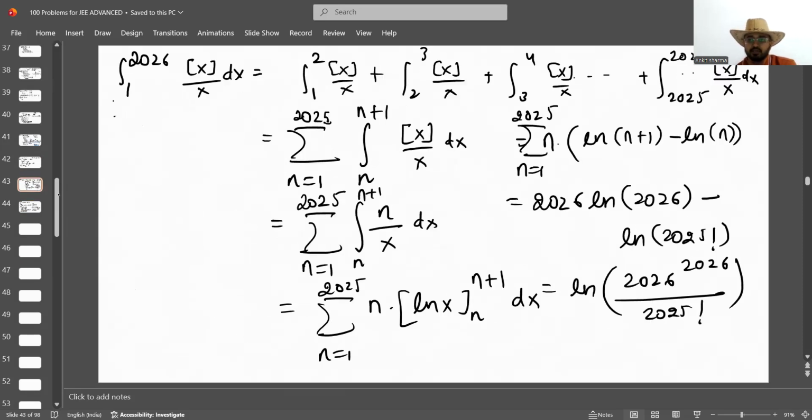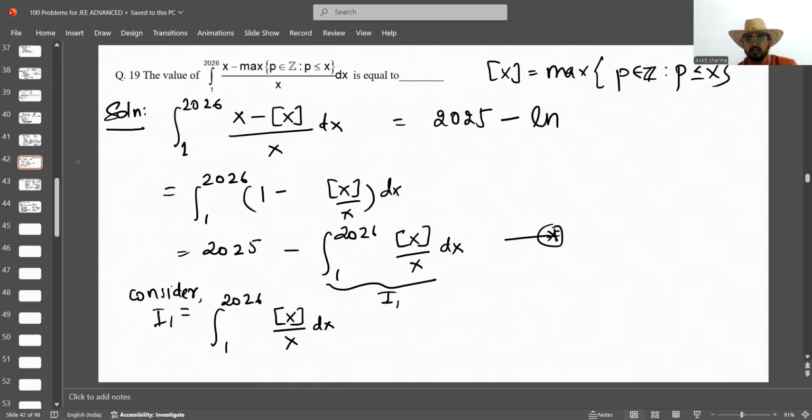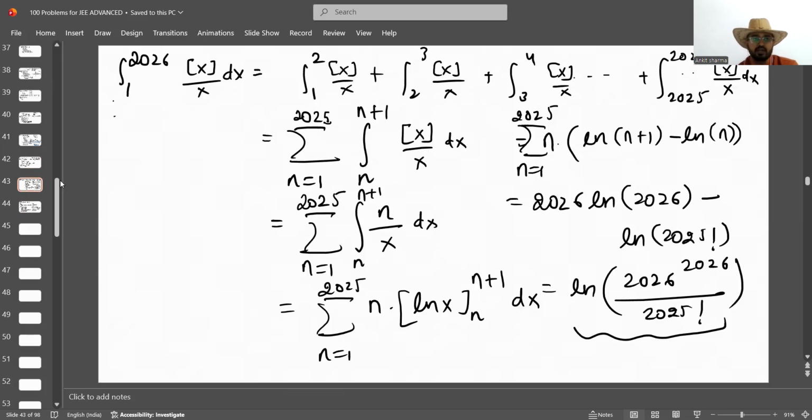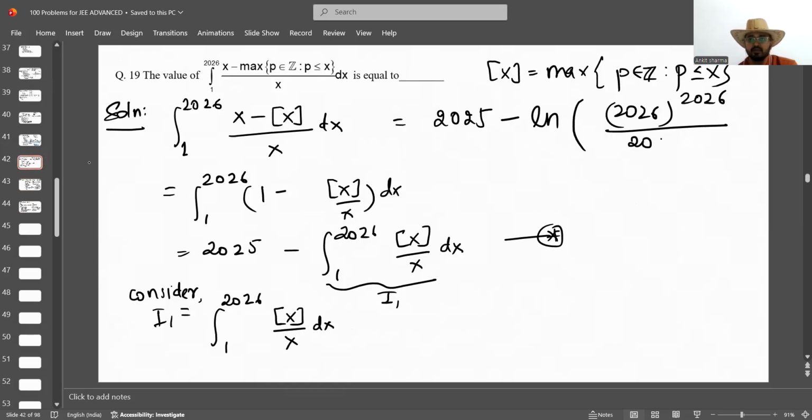So this entire portion we have found is 2026 ln 2026 minus ln of 2025 factorial, which is this basically. So I'll just keep it here. So this part will give me minus ln of 2026 power 2026 upon 2025 factorial, on 2025 factorial. So that's the answer to this problem.